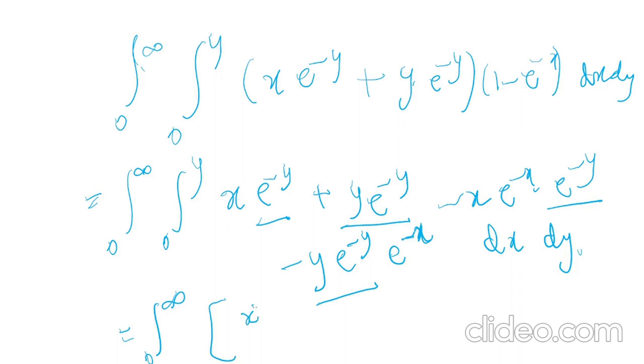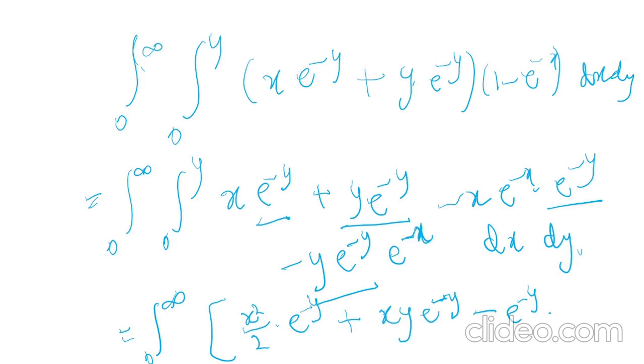X square upon 2 e to the power minus y plus x y e to the power minus y minus x e to the power minus x from 0 to y.